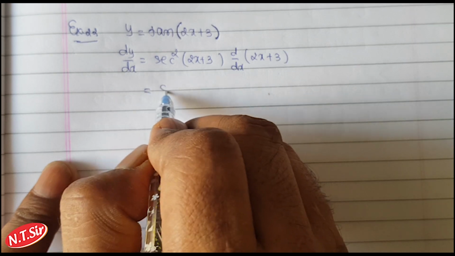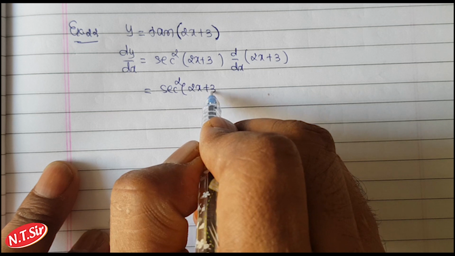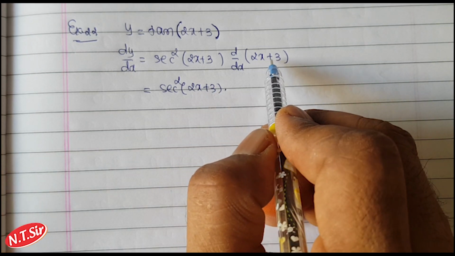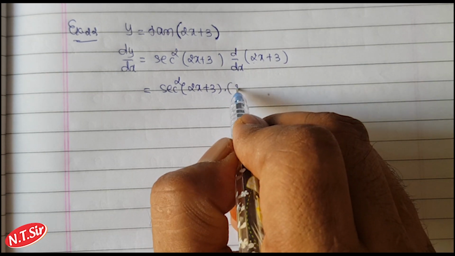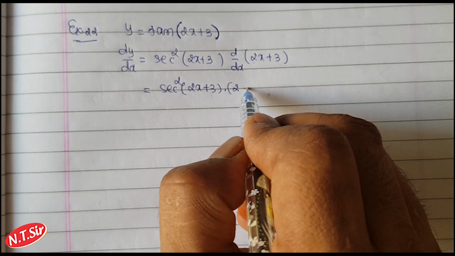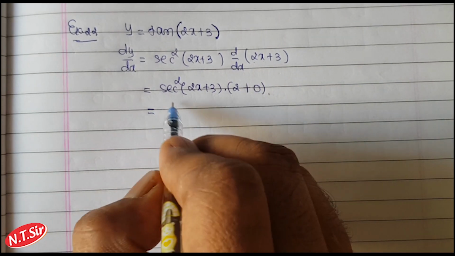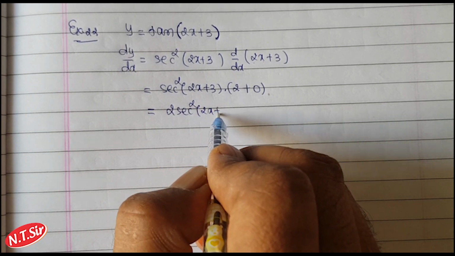So this is sec square twice x plus 3 into derivative of twice x plus 3. 2 is constant, derivative of x is 1, so this is 2 into 1 plus derivative of 3 is 0. So the answer will be 2 times sec square twice x plus 3.